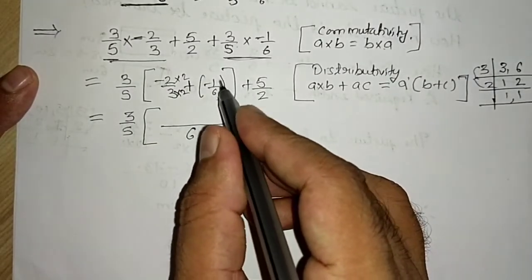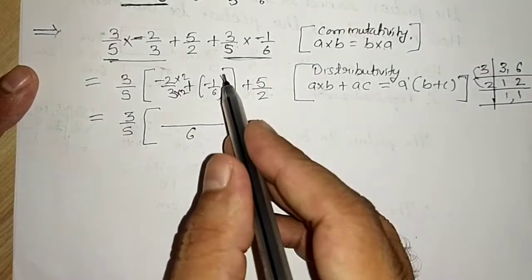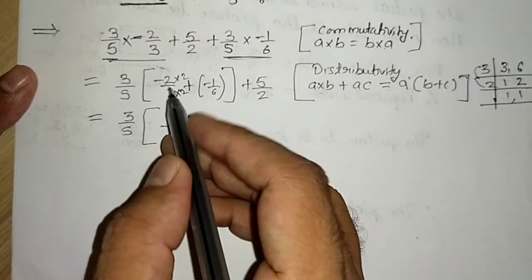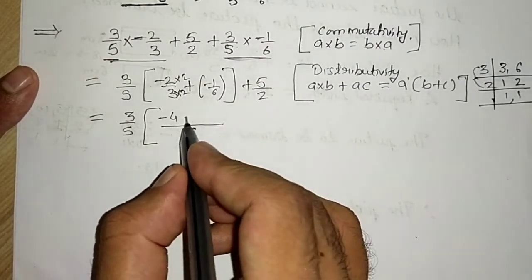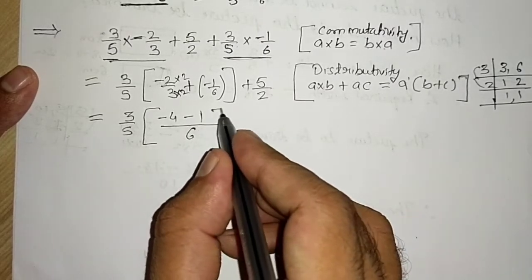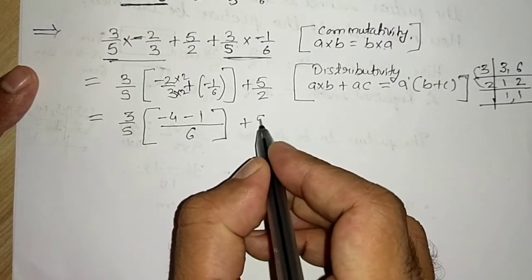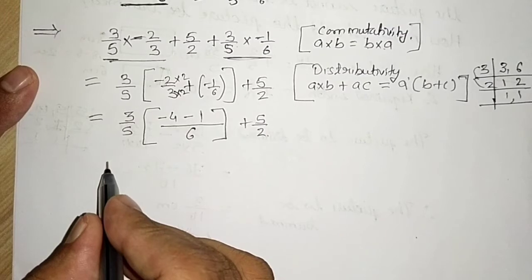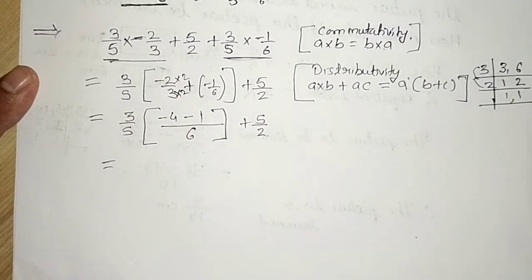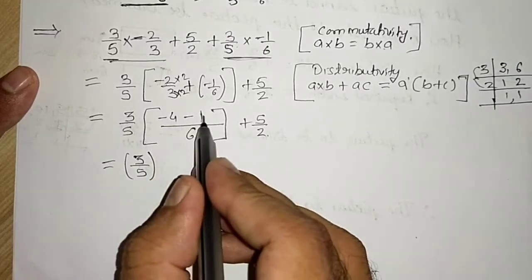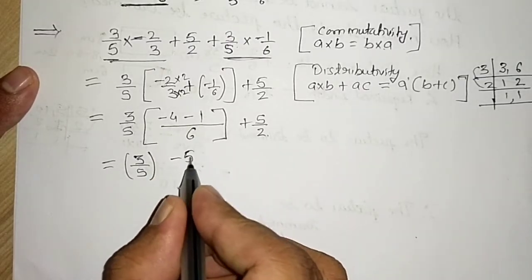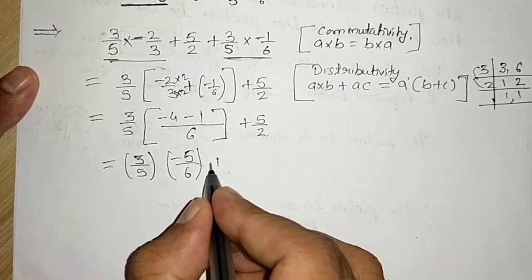Here already it is 6, so we will multiply numerator and denominator by 1. So I will get 2 twos are 4, minus 4, plus into minus minus 1, divided by 6, and this I will write as it is. Now 3 by 5 as it is, minus 4 and minus 1 will become minus 5 by 6 plus 5 by 2.